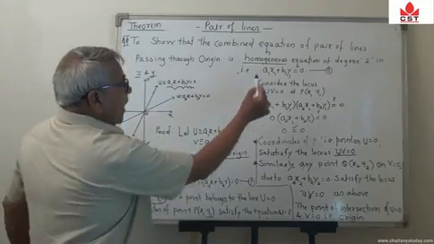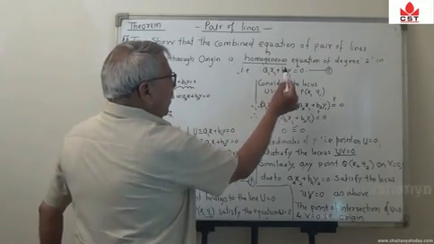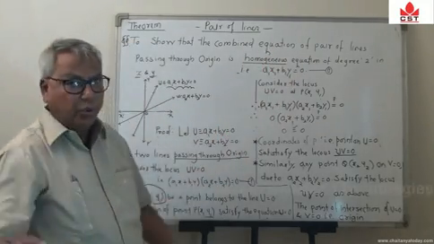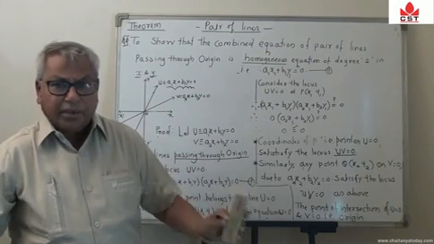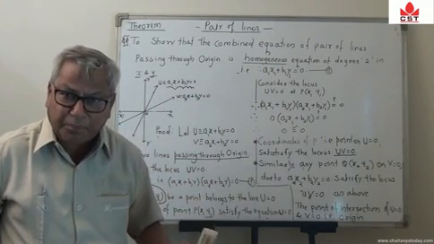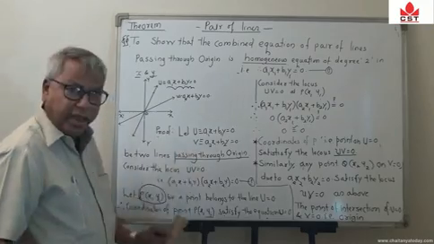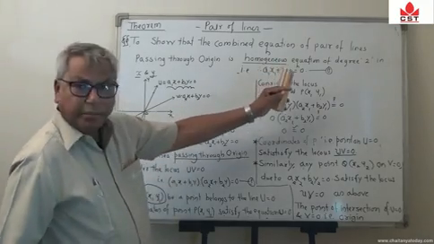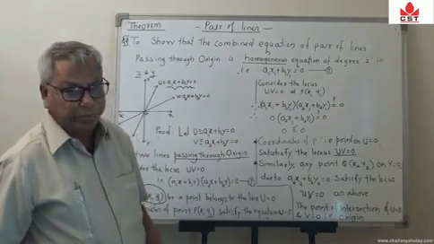Satisfy means what? a1x1 plus b1y1 is equal to 0. Agree with me? I have taken any point P(x1, y1) on the line and a1x1 plus b1y1 is equal to 0.